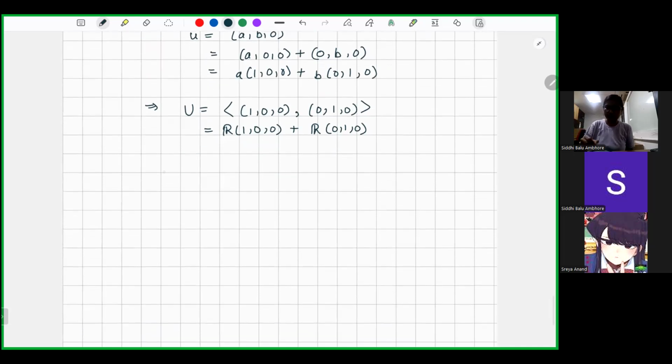For example, if you take this, let my V be 1, 2, 0 or 1, 3, 0, let me take, and W be 1, or let me take, anything would work other than 1 and 3. So let me just take this only, 1, 1.